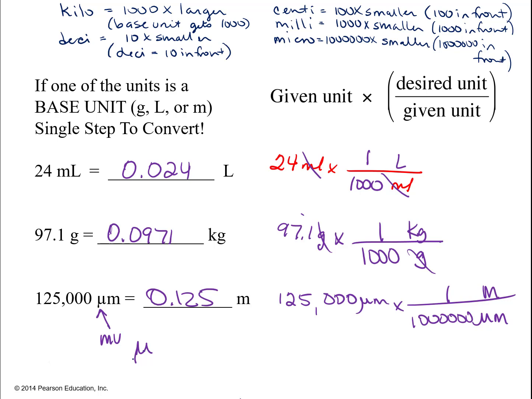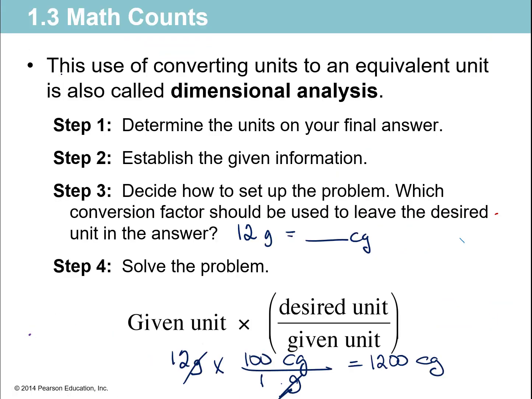Set your units first, and then put your numbers in. Sometimes you'll divide things by 1,000, sometimes you'll multiply. Like if I was going from kilograms to grams, my number would get bigger. But I'm going from grams to kilograms, which is why my number gets smaller, because my units are bigger. But just follow these steps every single time.